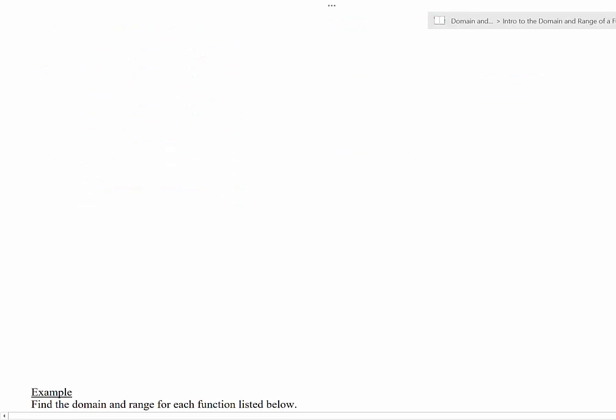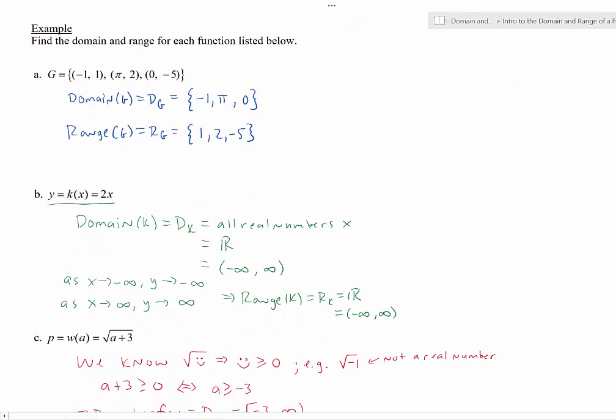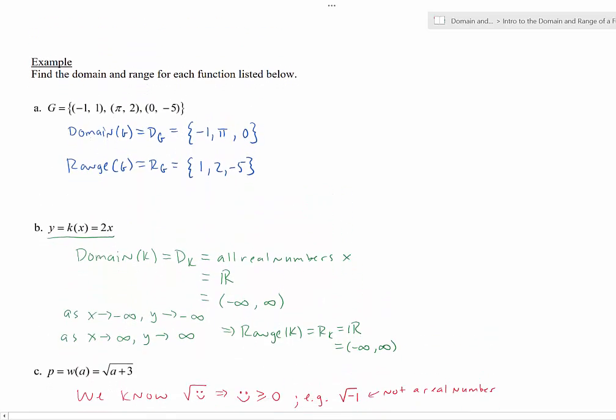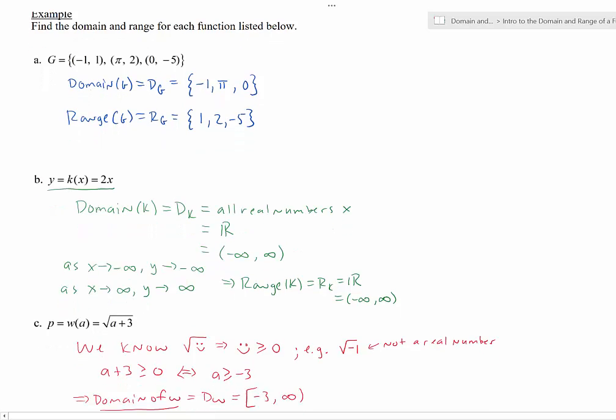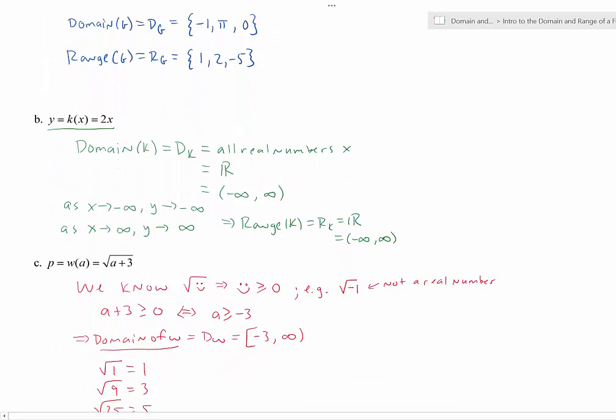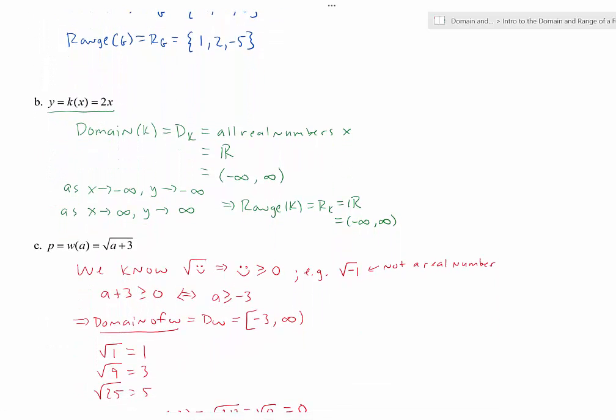Finally, we looked at a couple of examples where one was just a collection of ordered pairs, and parts B and C were symbolic representations. How do we find those domains? We'll see further examples of domain and range in most other videos, as domain and range are big topics in describing functions in general.